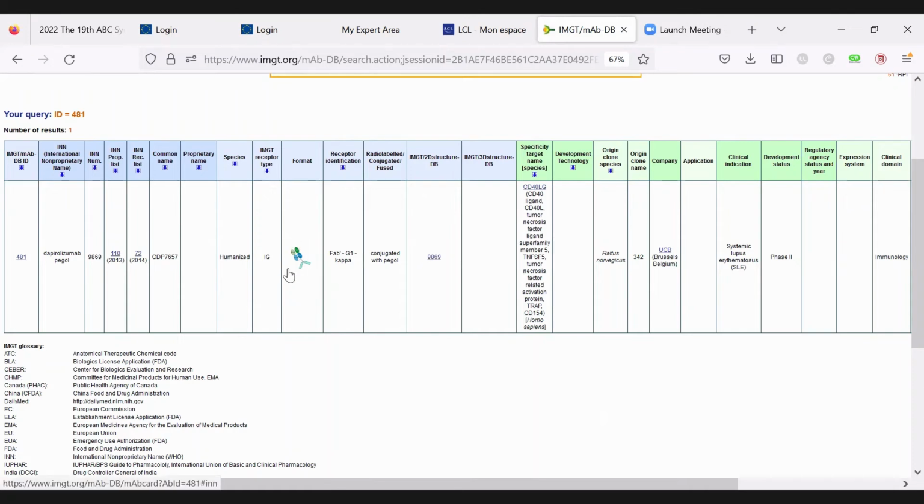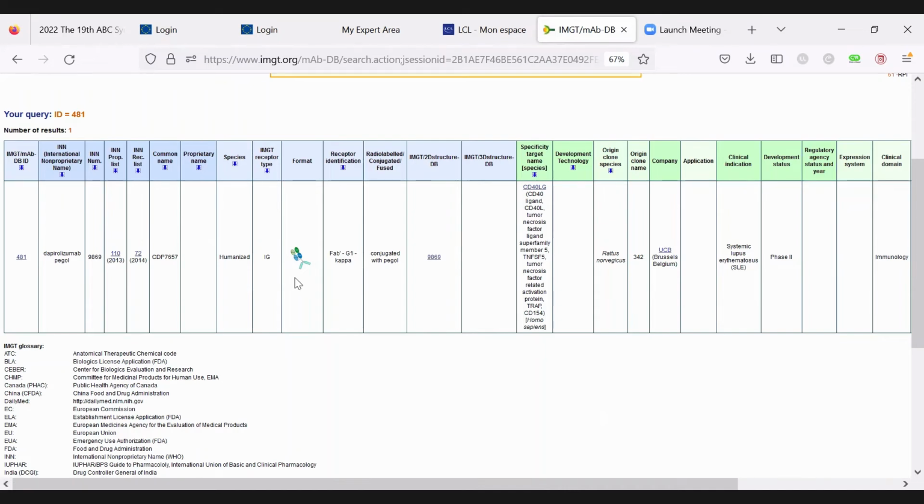Here, you see the format of this antibody, and I would highly recommend that you take this format from the database for your homework. I'll get to what your homework will be precisely, but you can take advantage of this format of the antibody here.